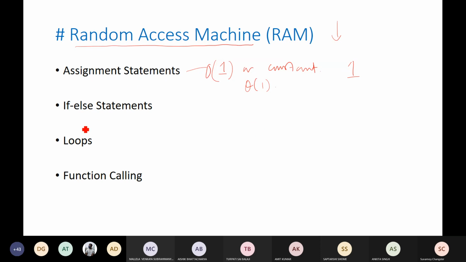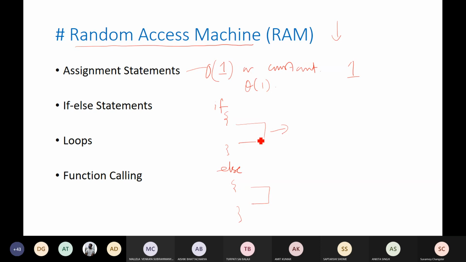If else statement. We know an if else block is like this. If is containing some assignment statements or maybe some other blocks. So there are if and else blocks.